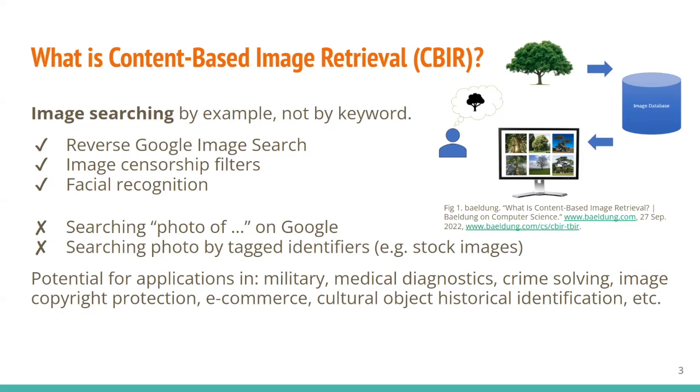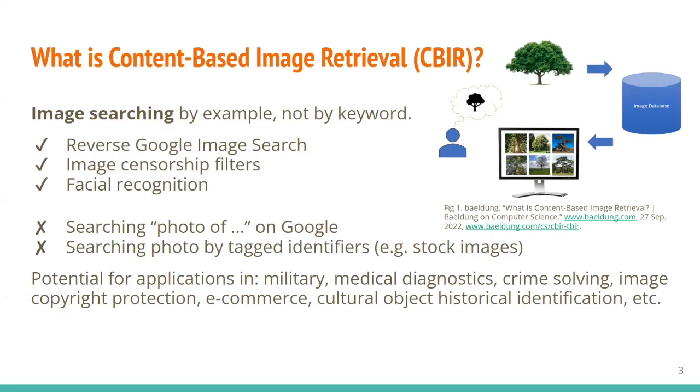The goal at the end is to return visually similar results, even if they don't have the same file name or text tags. This makes CBIR much more powerful when searching large image libraries, like medical scans or even e-commerce catalogs.